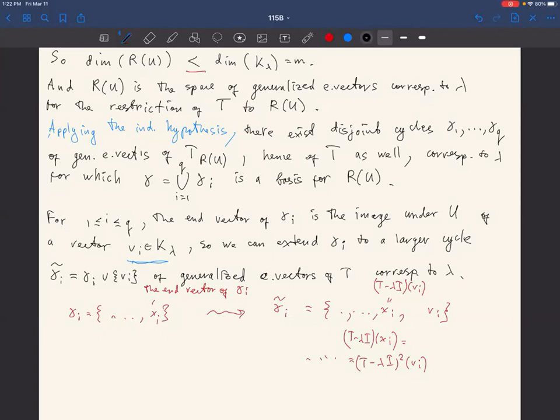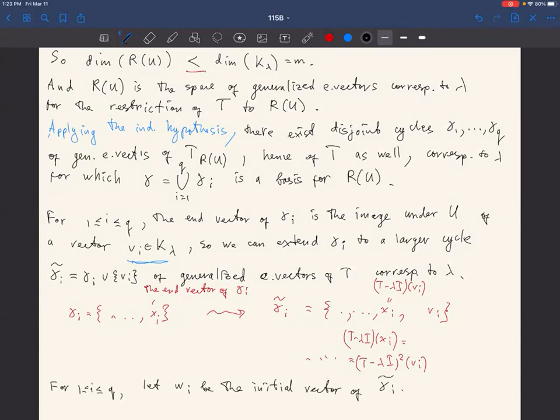Right? So we define gamma I like this for each of the cycles we had. And now for each I, again between 1 and q, we let wi be the initial vector of gamma I tilde.